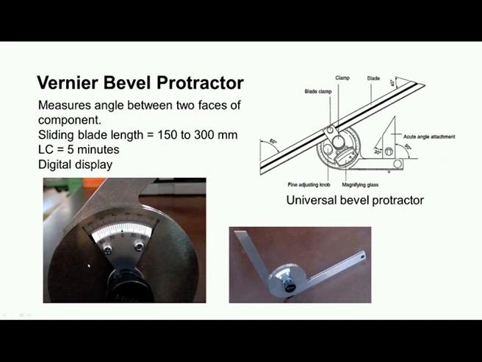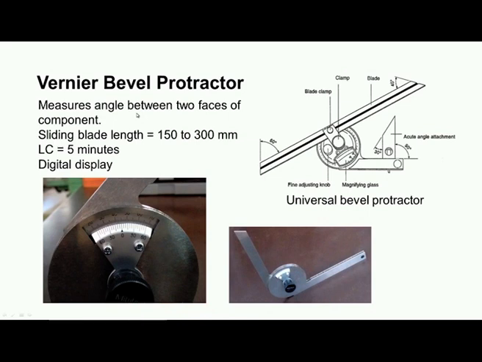Now, this is the body which contains the rotary scale as well as the vernier, and then there is a clamp to clamp the blades at any desired angle. This shows the full view of the bevel protractor.